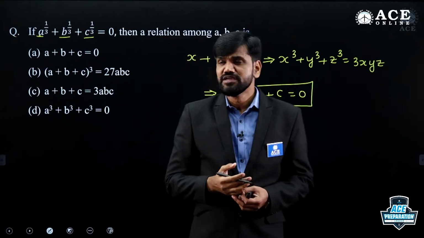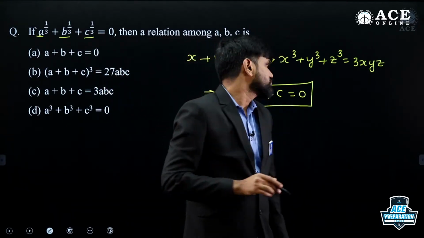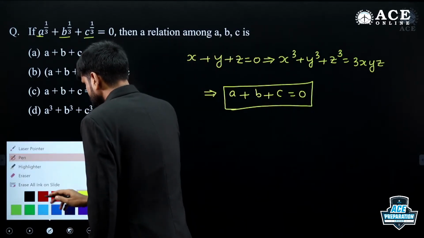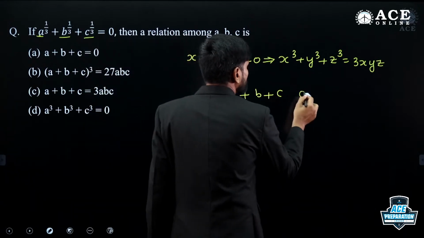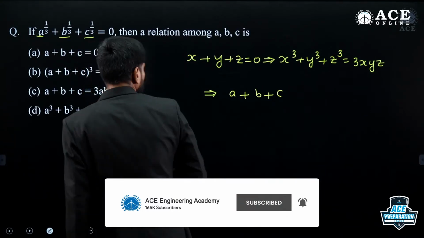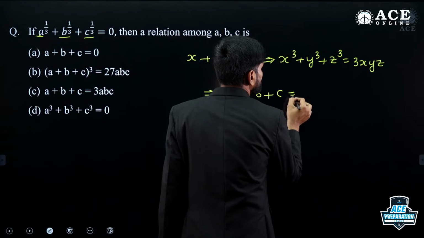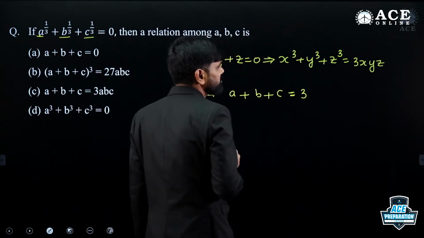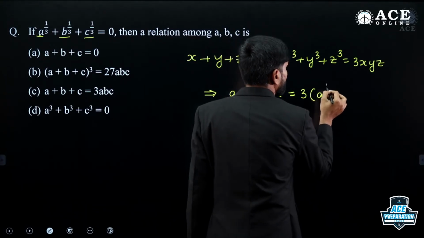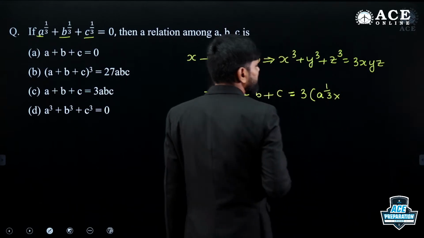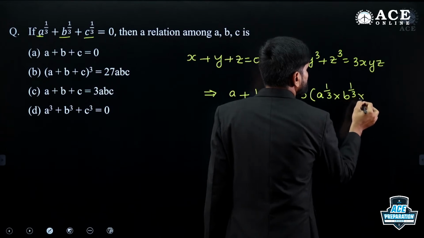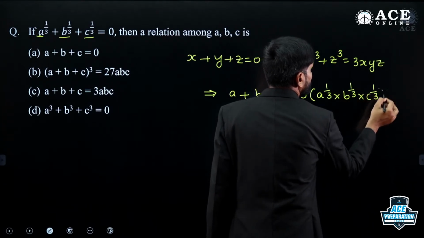So if a power 1 by 3 plus b power 1 by 3 plus c power 1 by 3 is equal to 0, that gives you a cube plus b cube plus c cube equal to 3xyz, not 0. So here, in place of x, y, z, I have a power 1 by 3, b power 1 by 3, c power 1 by 3.